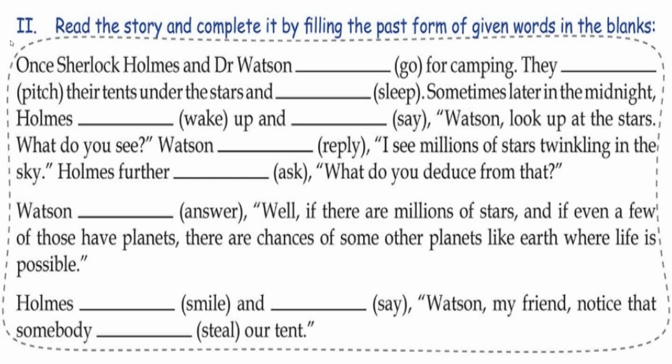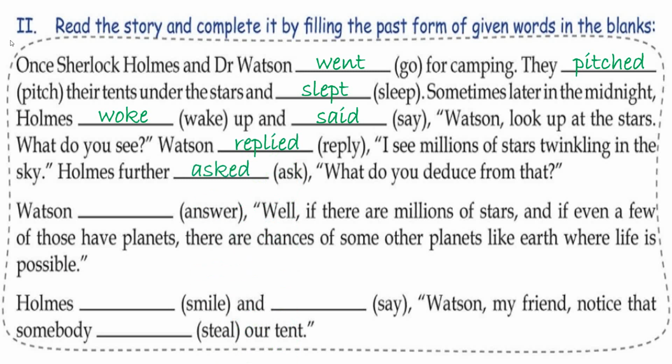Once, Sherlock Holmes and Dr. Watson went for camping. They pitched their tents under the stars and slept. Sometime late in the midnight, Holmes woke up and said, Watson, look up at the stars. What do you see? Watson replied, I see millions of stars twinkling in the sky.